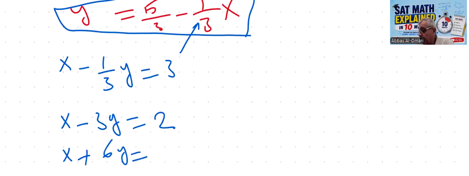So if you try to put each one in the standard format, you will see that the slope is different from minus 1/3. So the correct answer is the first answer.